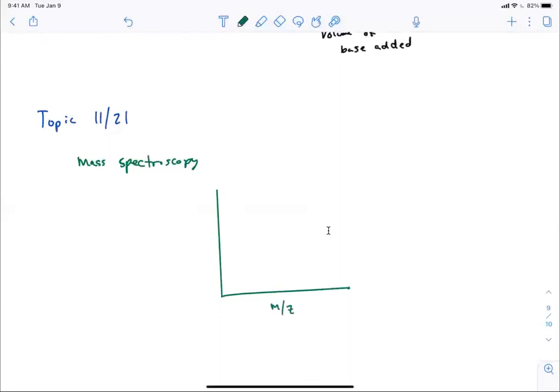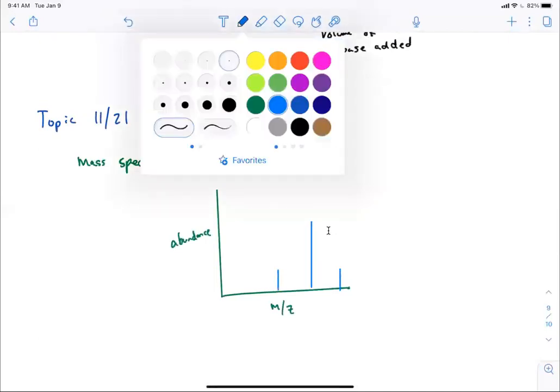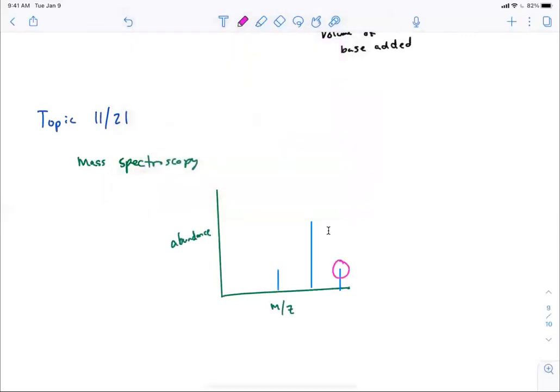I just want you to be able to identify and recognize these things to interpret, and then you can apply things later on. Parts of this that you need to know: this significant peak at the rightmost is the parent ion peak.